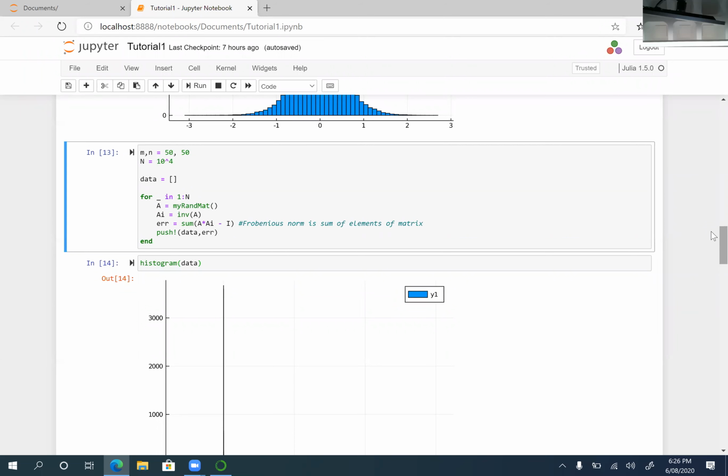This is called the Frobenius norm, sum of the elements of the matrix. So that goes into memory in each iteration. And then you see this fancy word below, push exclamation. In front we have data, and at the back we have ERR, the sum of the entries in the matrix that we just calculated above.